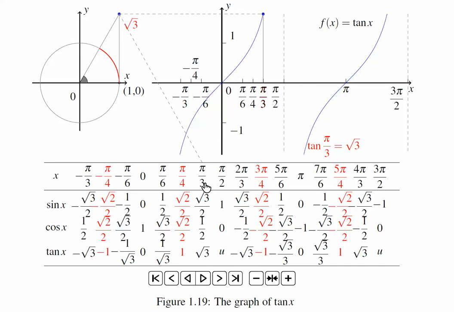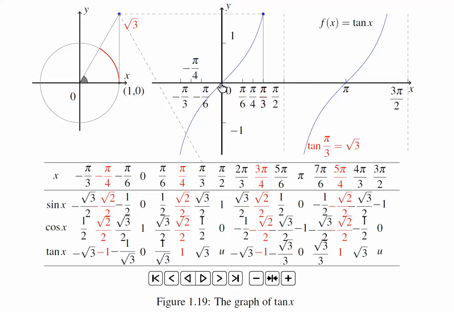So when this angle is 60 degrees, or when the length of the arc is pi over 3, this red part, from 0 to pi over 3, this line segment is actually equal to the length of the arc.